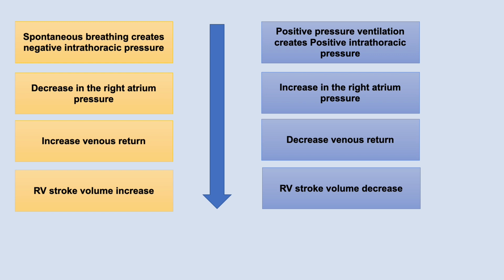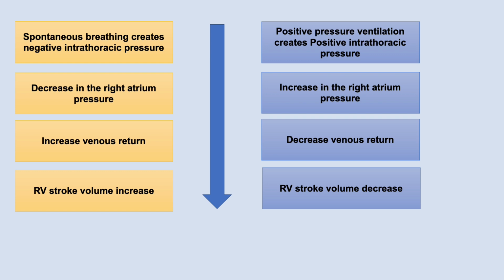So now let's see the effect of positive pressure ventilation on the venous return. When we apply positive pressure, like high PEEP, in a ventilated patient, this will result in increased intrathoracic pressure, and that will compress the right atrium.